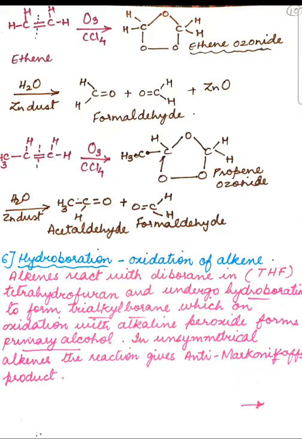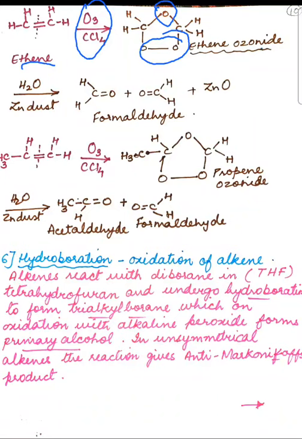Now let us see this example, that is ethene. It adds on this ozone in presence of CCl4 to form ethene ozonide. This double bond breaks, there is one O which is added to the upper side and two oxygens on the lower side. This is the structure of ethene ozonide.